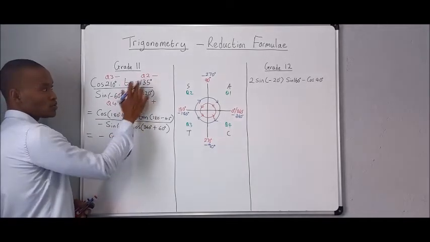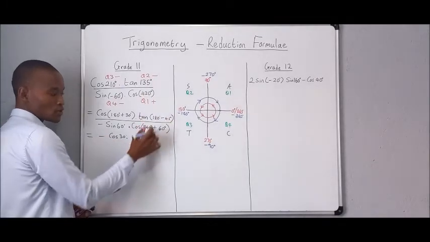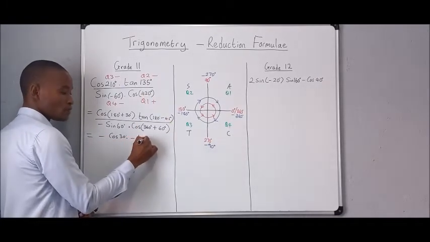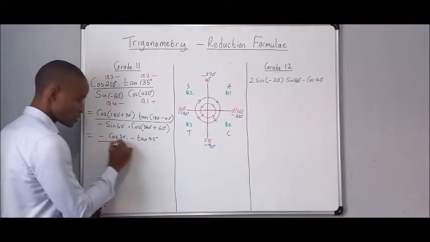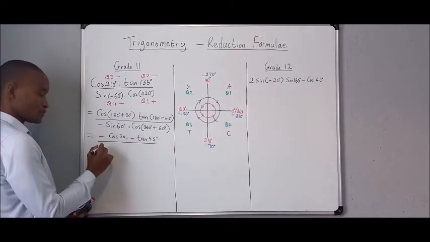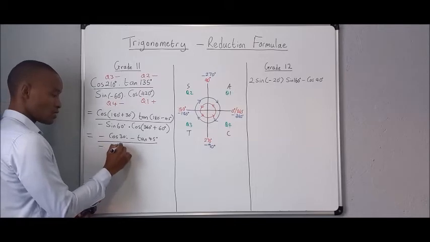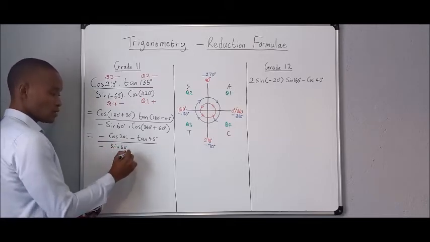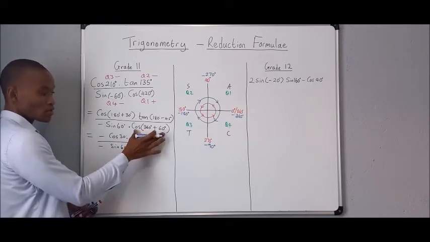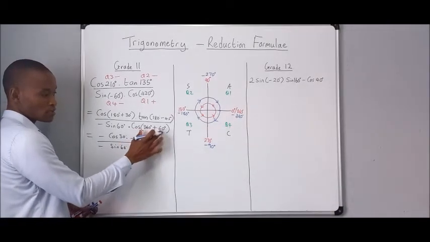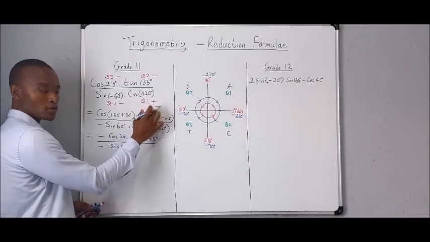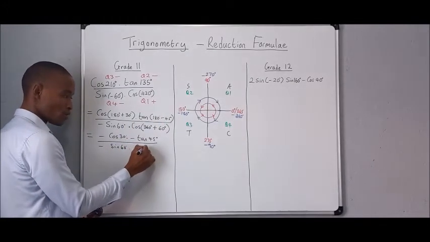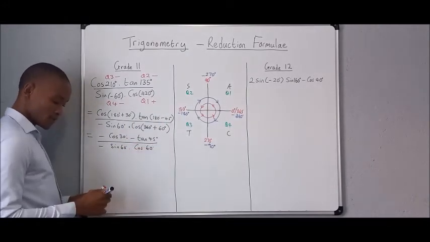In quadrant 2, tan is negative, so we reduce it to its acute angle, becomes negative tan 45 degrees over, okay, let's just write it like this, right? Times cos of 360 degrees plus 60, this is quadrant 1, cos is positive in quadrant 1. So we reduce it, it is cos 60 degrees.